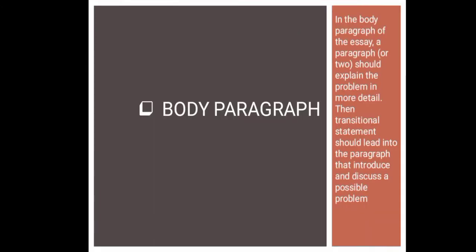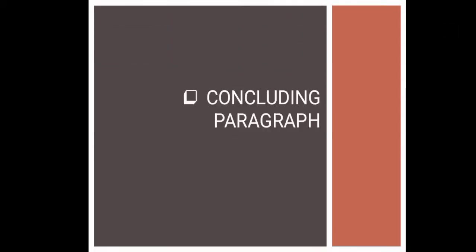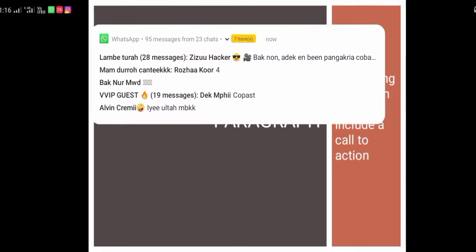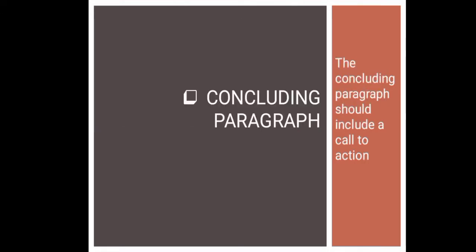Okay, the last is concluding paragraph. The concluding paragraph should include a call to action, in which we ask our readers to be a part of the solution, or at least allow others to carry it out.